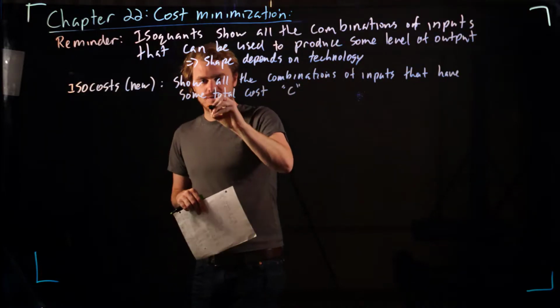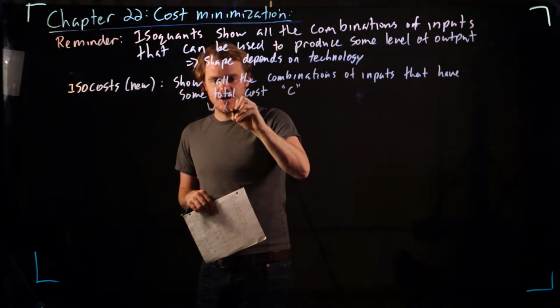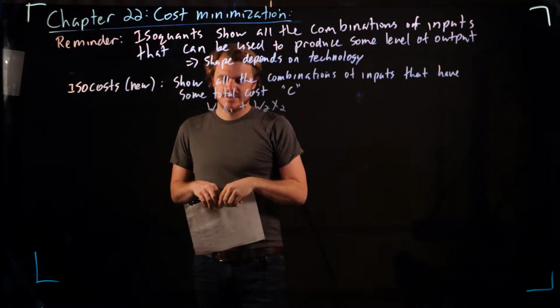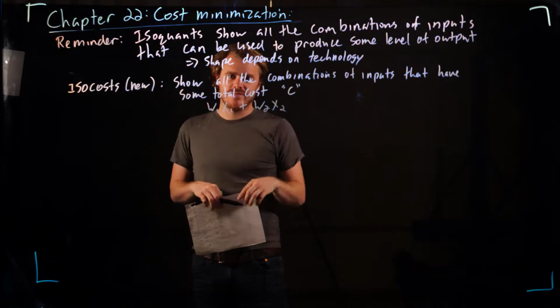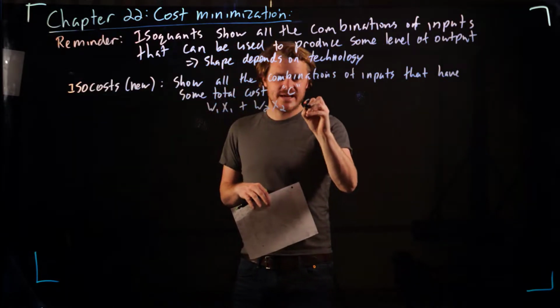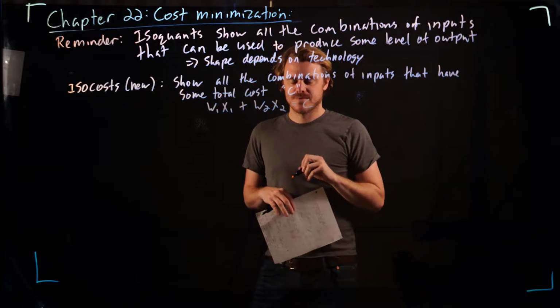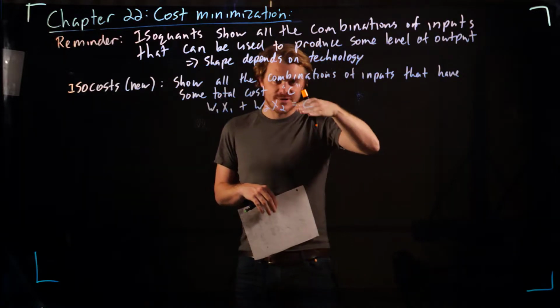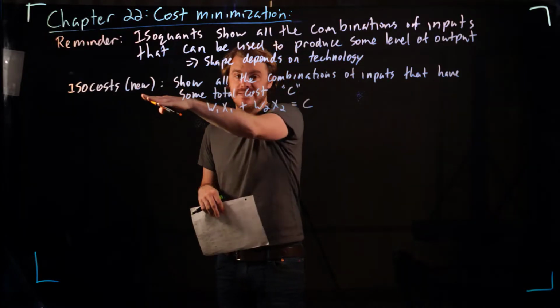To think about isocost lines, the cost of production is the price times the quantity of each of the inputs, and we set that equal to some C. C could be like 5 or 10, and different levels of C represent different isocost lines.